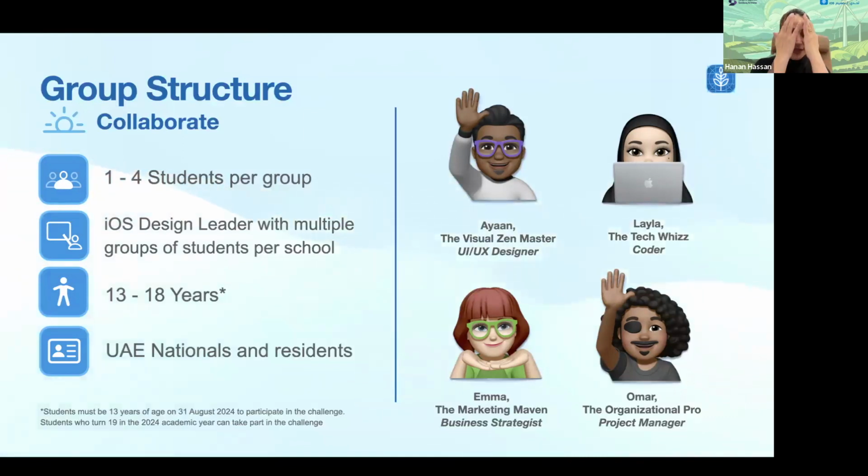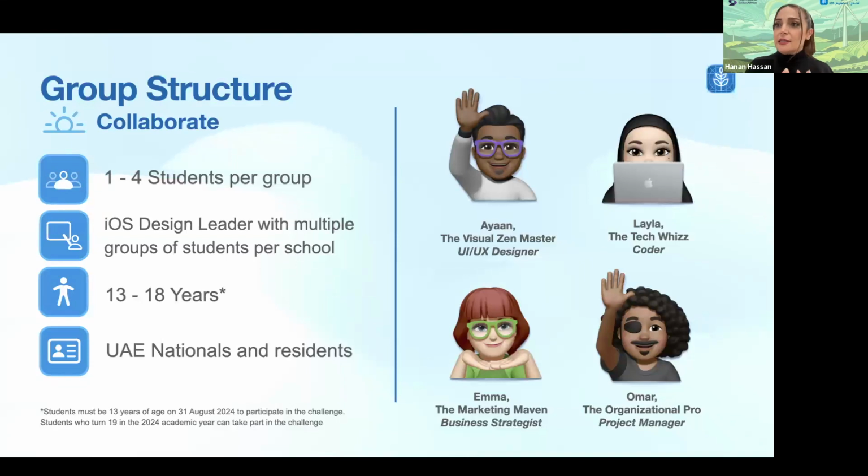If we have more than 4 students, then you need to split the group into 2 groups. Also, we should have one iOS design leader who can lead 1 or more groups, and we can have more than 1 iOS design leader in one school, so that's fine.